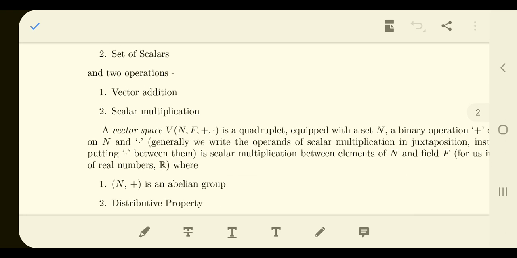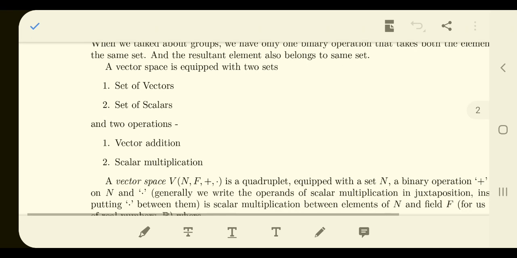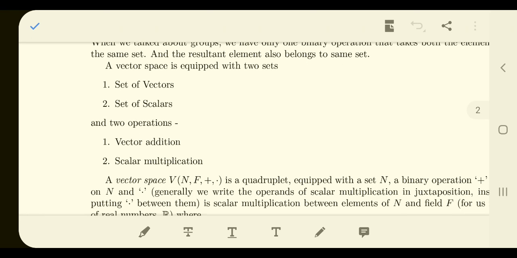Vector addition accepts two elements from the vectors and produces another vector, while scalar multiplication accepts one scalar value and one vector value, and results in a vector value.